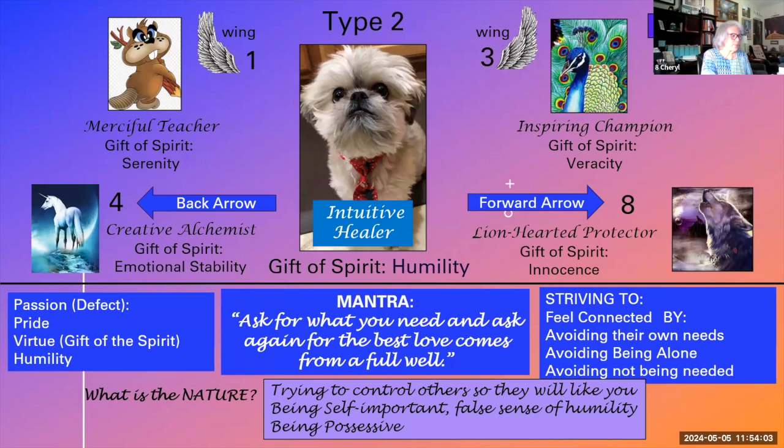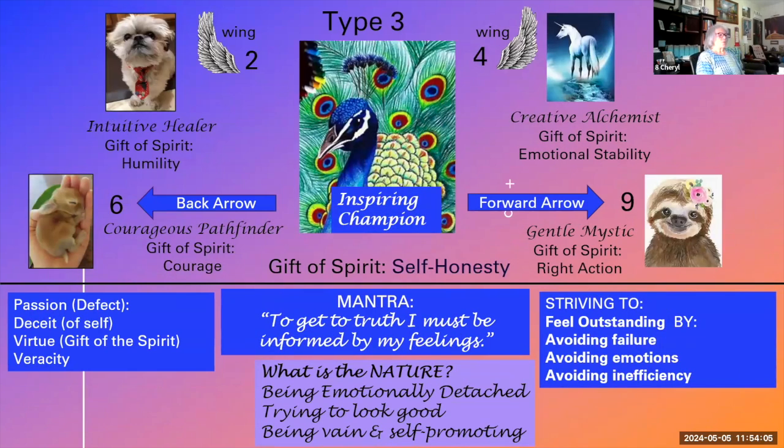That's the 2. Okay. For the 3, what is the nature? Was I being emotionally detached? Was I trying to look good? Was I being vain and self-promoting? So sometimes what will happen, my sister is a 3, and every once in a while you can just see her detaching because it's just too much emotion for her. She does not like emotion. And I just think that's really fascinating to watch. So as a 3, was I being emotionally detached instead of leaning in?